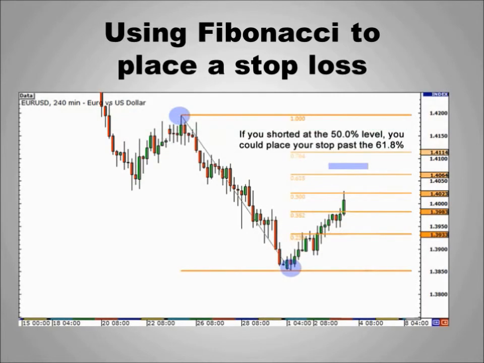And as we can see, here we have a downtrend. So we start from the swing high all the way down to the swing low. And we can use any of these. Now, if we decide to short this pair, we can look at these lines, examine them, and they can tell us where we can put our stop loss.